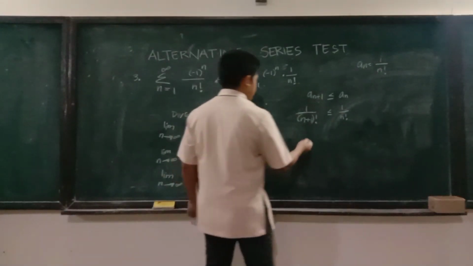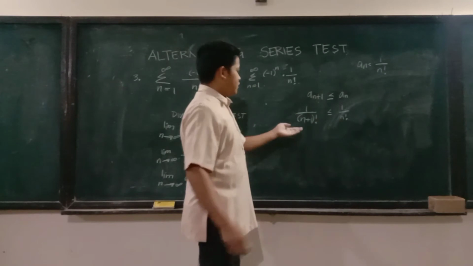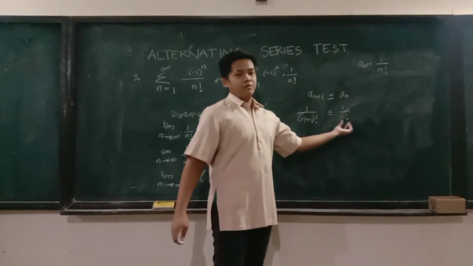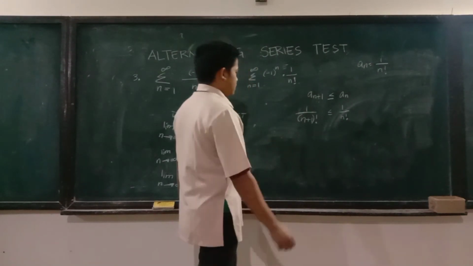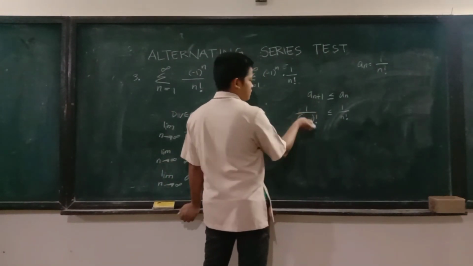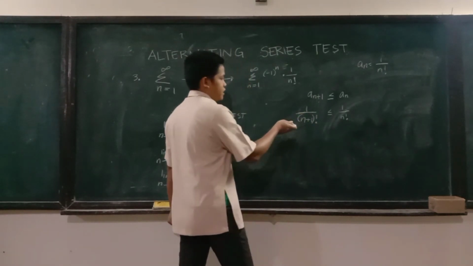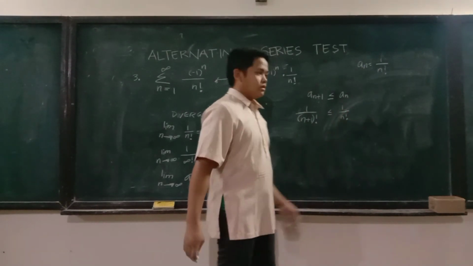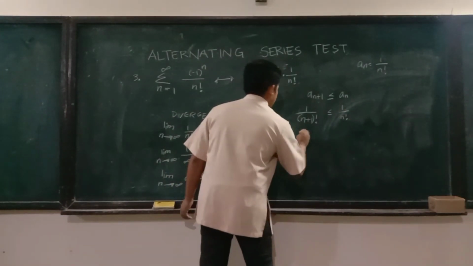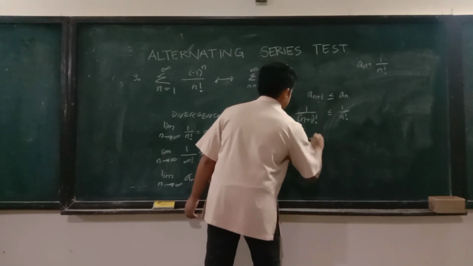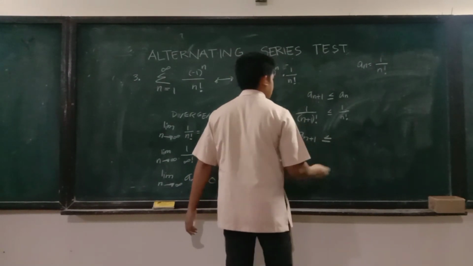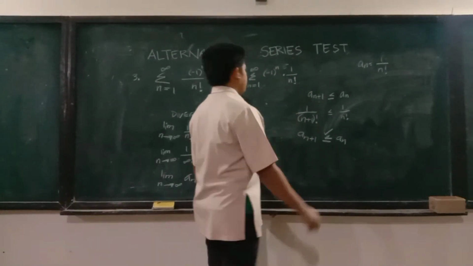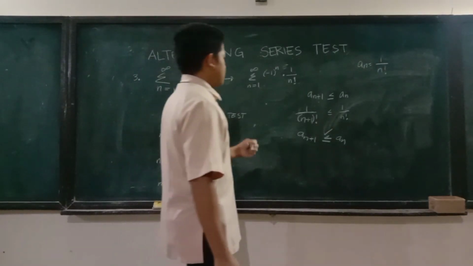From this, we can identify that the denominator of a sub n plus 1 is greater than the denominator of a sub n. Therefore, a sub n plus 1 is less than or equal to a sub n, so it is a decreasing sequence.